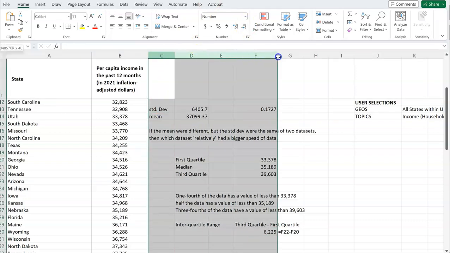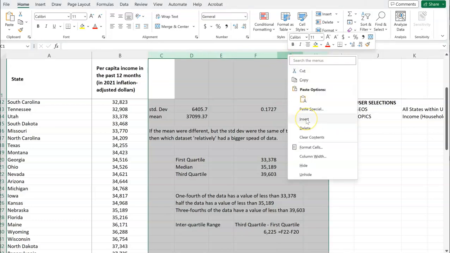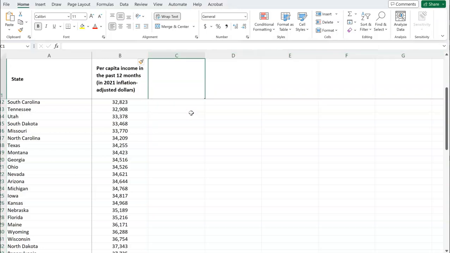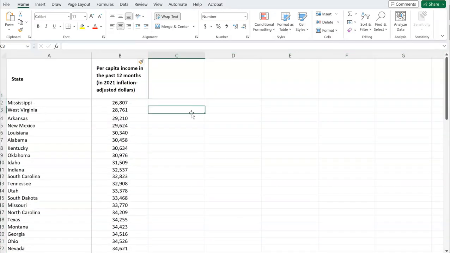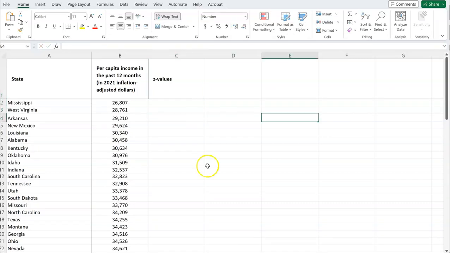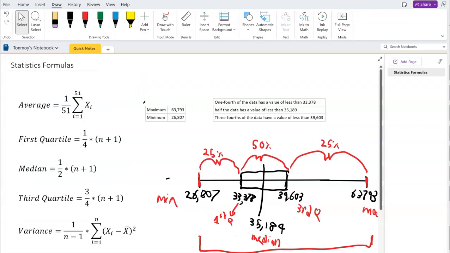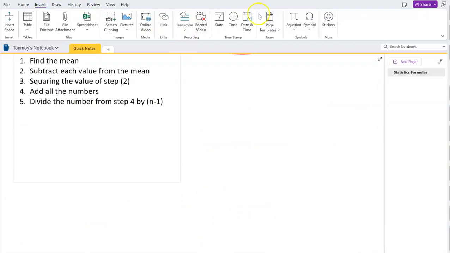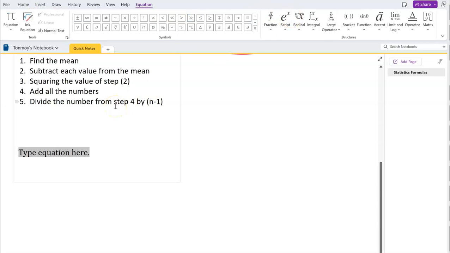Okay. Now let's look at outliers. Outliers are usually data that are considered to be far away from the mean. How far away is kind of relative, but to understand outliers, we calculate what we call z-values. Later in other videos we are going to use a lot more z-values, but for now we are going to use them to understand outliers.